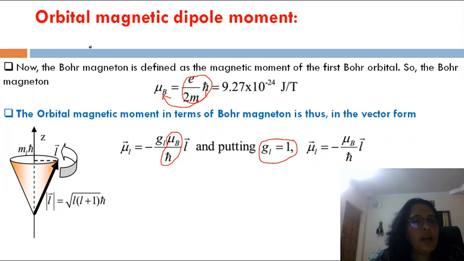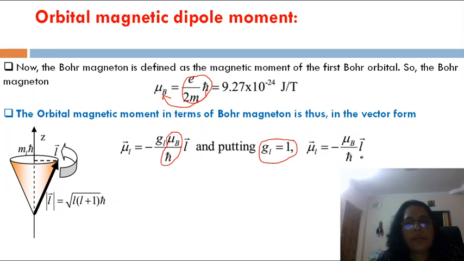Now, as L is revolving under the influence of the magnetic field which is generated by orbital motion of the electron, therefore L again gets affected, and that L vector we take to be equal to square root of L into L plus 1 h cross.